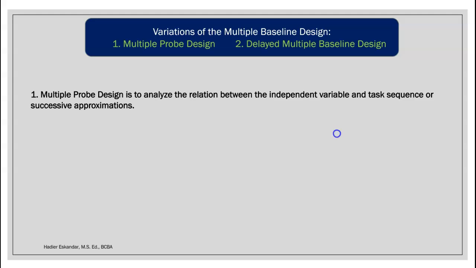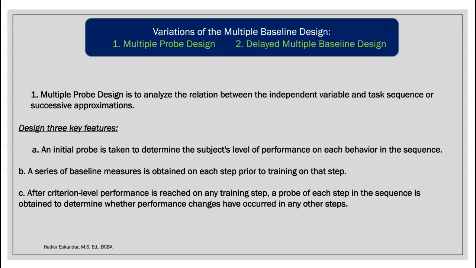So there are 3 key features for this design. The first thing you do is an initial probe is taken to determine the subject's level of performance on each behavior in the sequence. So you start to understand your client's skills in each of the behaviors or each of the steps you're going to work on.